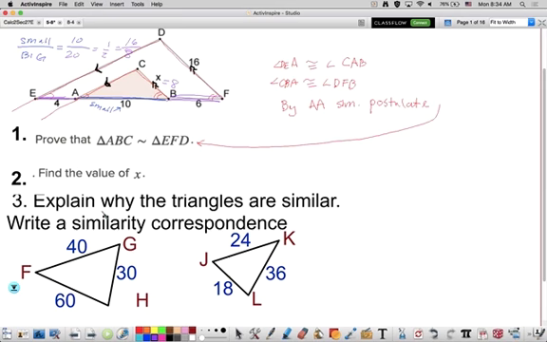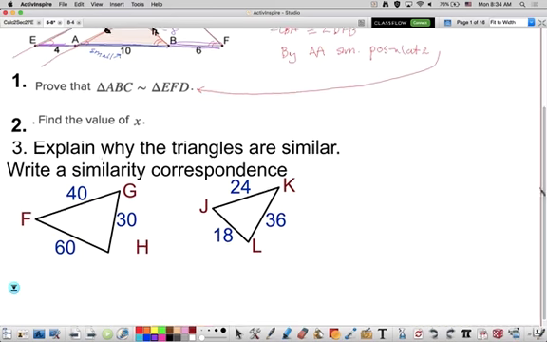Let's see. Are these two triangles similar? And how do you show it? Remember, what are the 3 things that we have to prove triangles are similar?